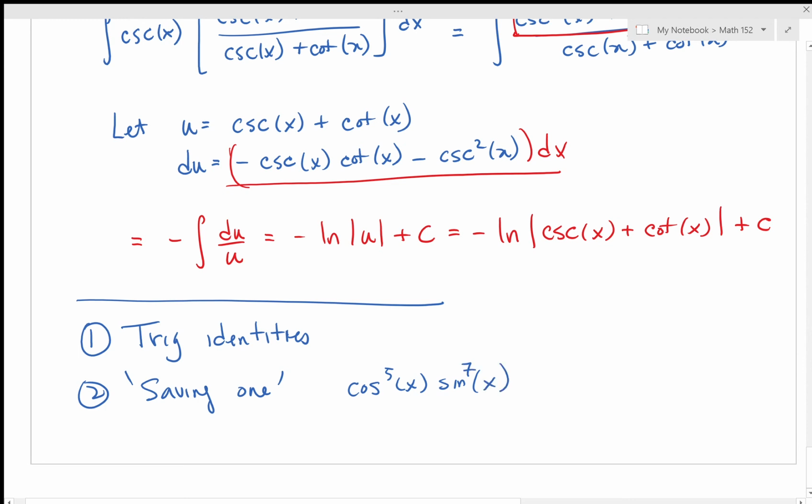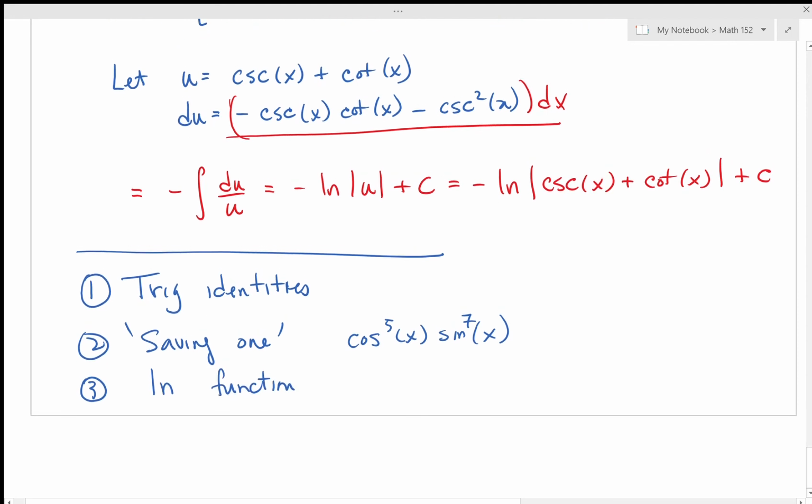We've seen the idea of saving one, and then we have seen the log function come in, let's be consistent, the natural log function.